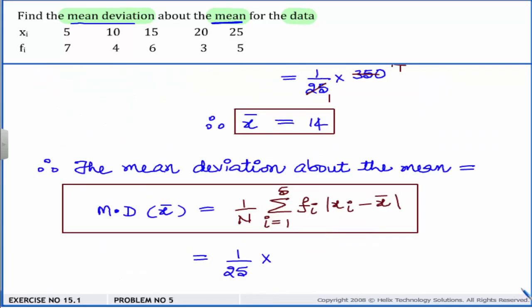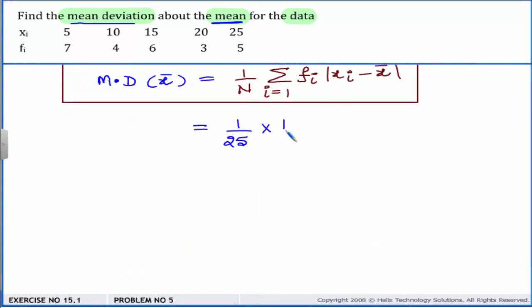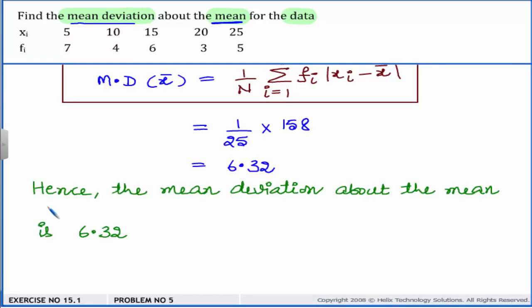So let us write the same there. We have 1 by 25 into 158. On simplifying this, you will be getting 6.32. Hence, the mean deviation about the mean is 6.32. So this completes the solution.